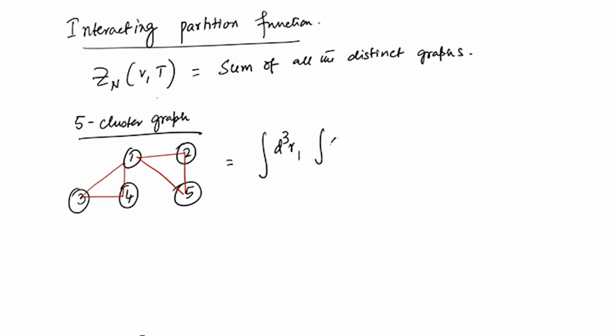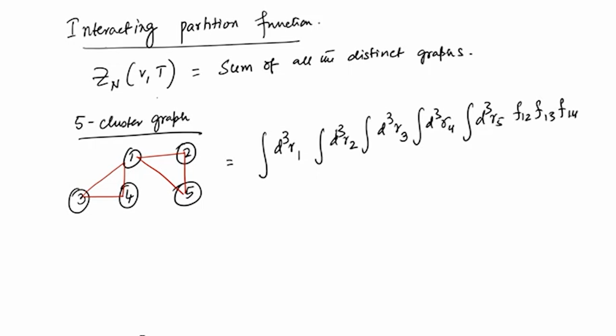So, there is d cube r1, d cube r2, d cube r3, d cube r4 and d cube r5, and then we have f12, f13, f14 and f15, f34, f25 and so on. Okay.